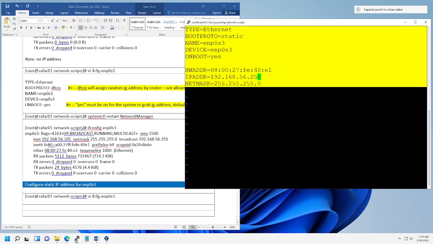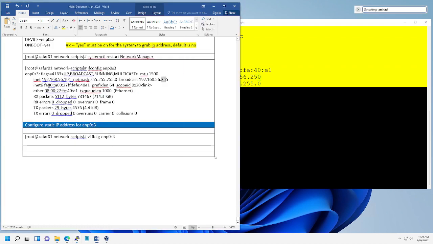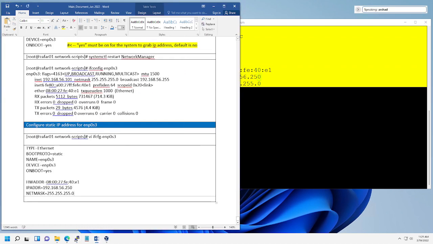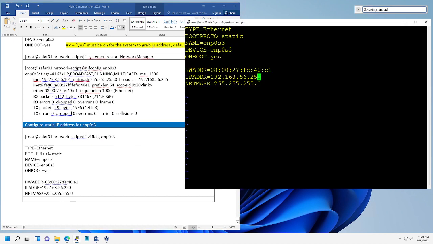Question, sir. You took 250, so based on what do we choose this number? What if this number is used by some other user? Here's the thing: you have to work with the network team and they will give you the IP address, and they check before you assign it.